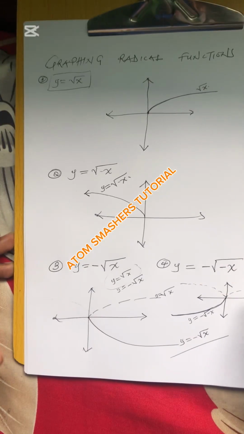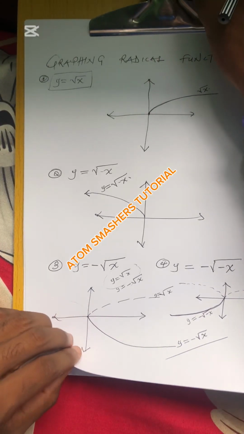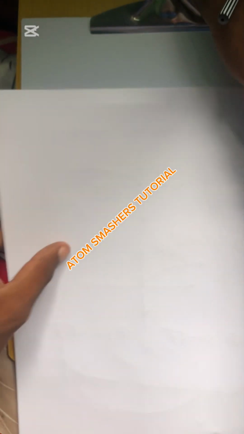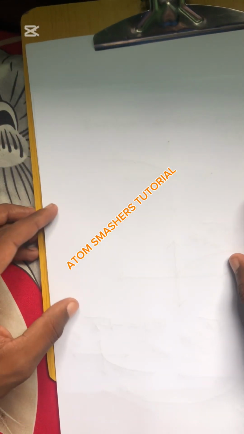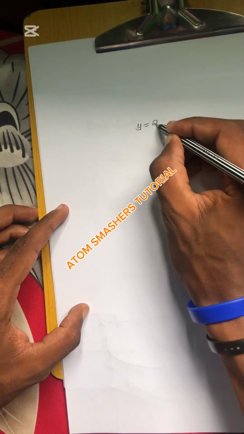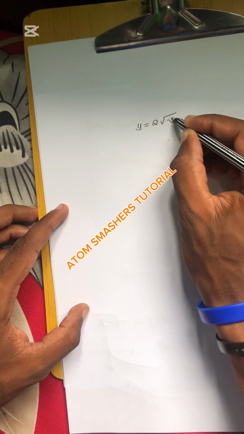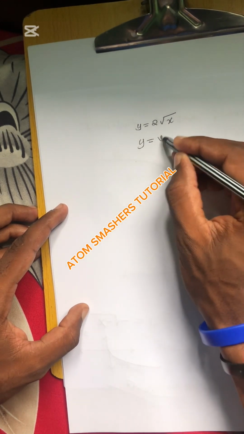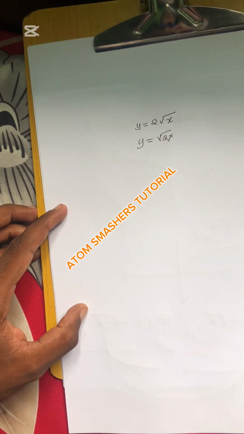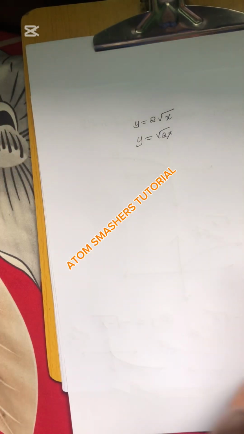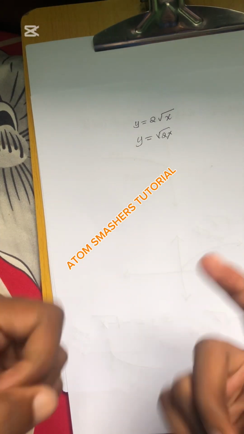The other thing is, if you have a number in front, let's say y is equal to 2 times the root of x, or y is equal to the root of 2x, the graph will just be thicker. It will grow bigger because it has been multiplied by two compared to the original.